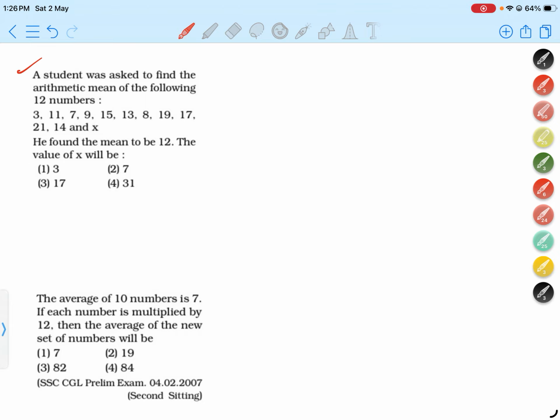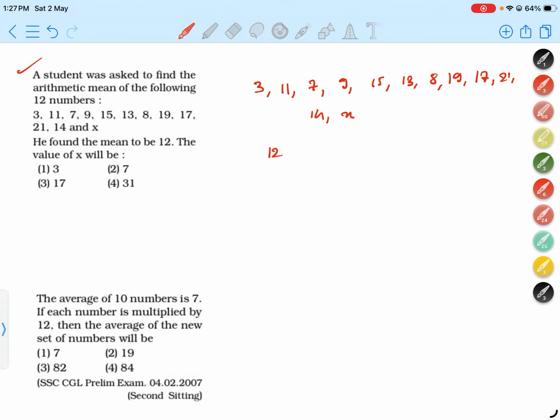In this question it is written that a student was asked to find the arithmetic mean of the following 12 numbers: 3, 11, 7, 9, 15, 13, 8, 19, 17, 21, 14 and x, and he found that the average is 12. So we are asked what is the value of x.